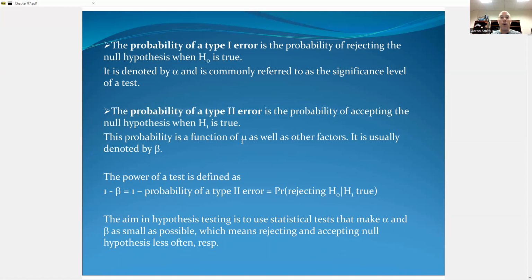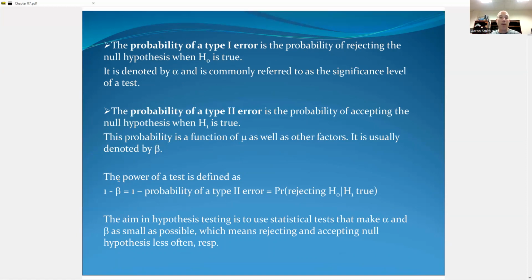This probability is a function of the parameter as well as other factors. It's usually denoted by beta. In general, we have control over alpha, and we have little, if any, control over beta. A lot of times we actually just ignore the beta.